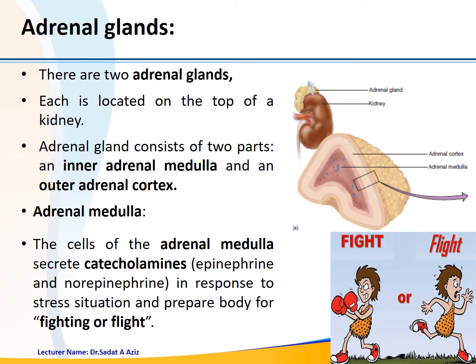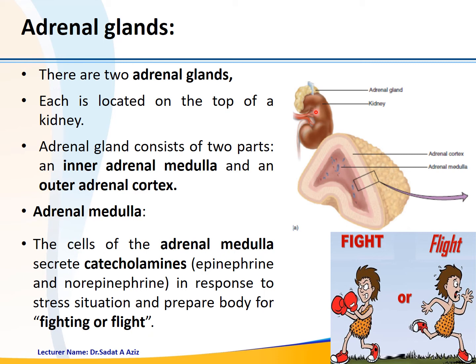Then what we have? We have another gland in our body, which is called the adrenal gland. There are two adrenal glands, sorry, in our body, each located on the top of a kidney. So we have right and left kidneys, and on the top of each kidney, we have an adrenal gland.